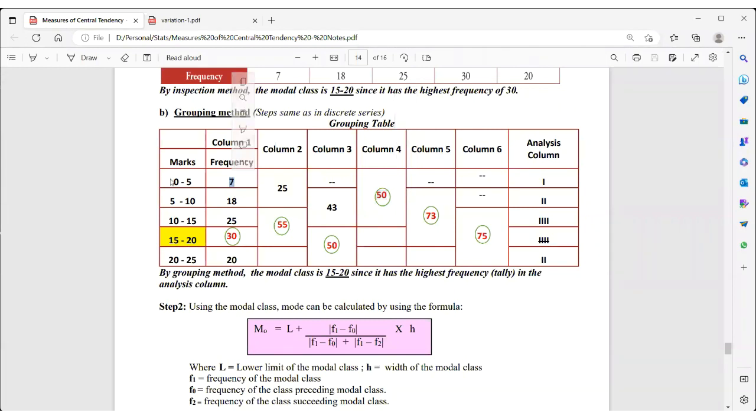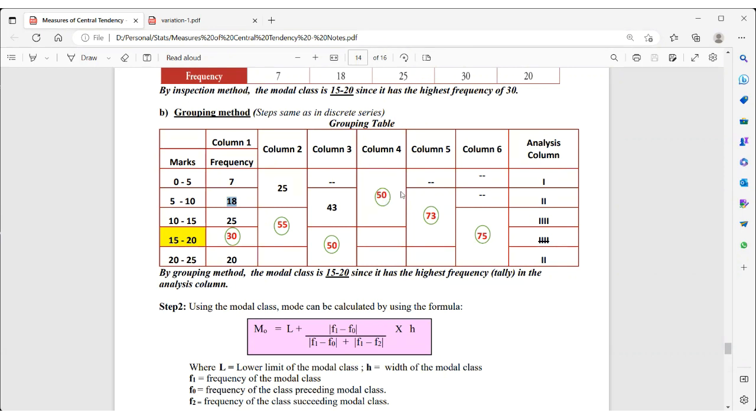So for the first one, in this row, 50 comes only one time. So we mark it as 1. We make a bar 1. Come to the second for this row. See, 18. 18 comes in this 50.